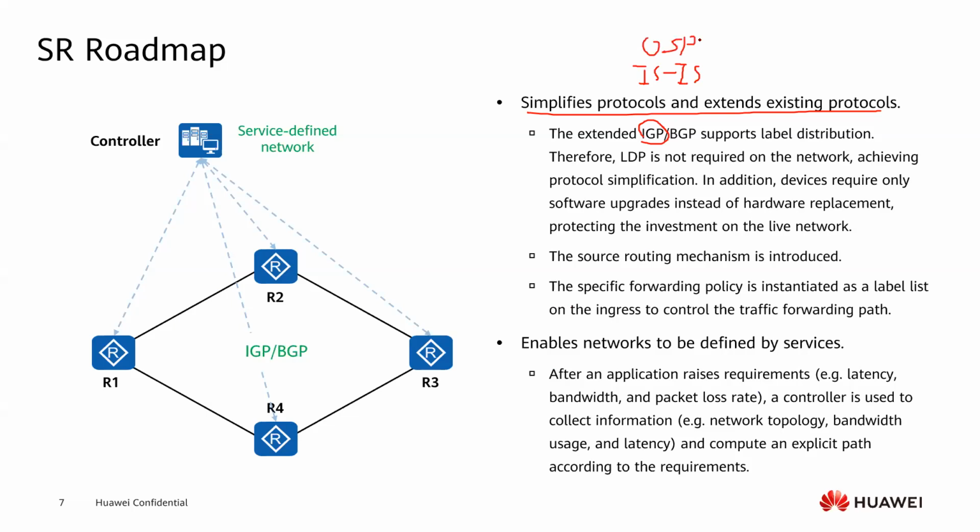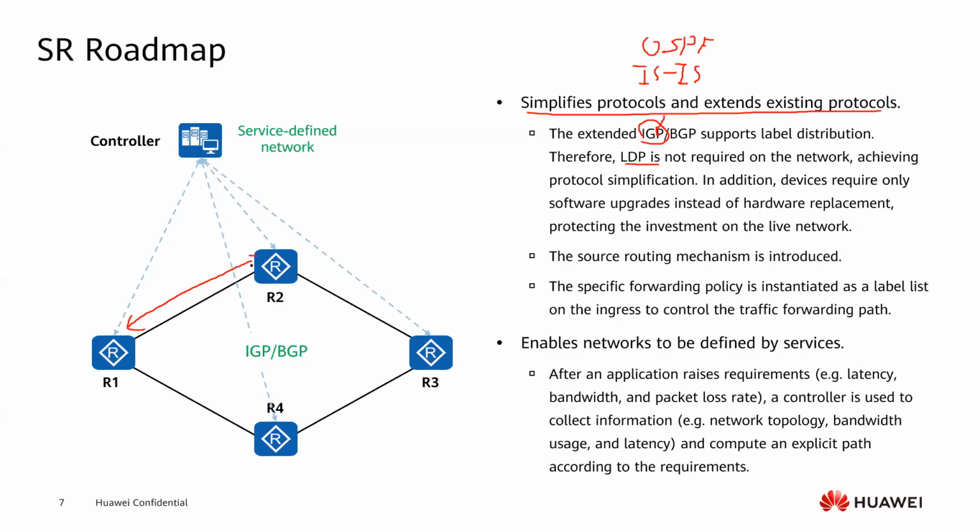BGP also can, but BGP will be used between the AS. Inside the AS, we will use OSPF and IS-IS to carry the label, distribute the label. So we do not need to use the LDP. We will ask the IGP to carry the label information.